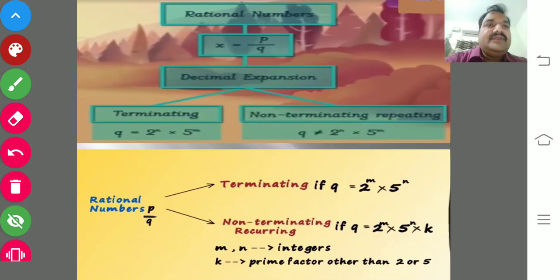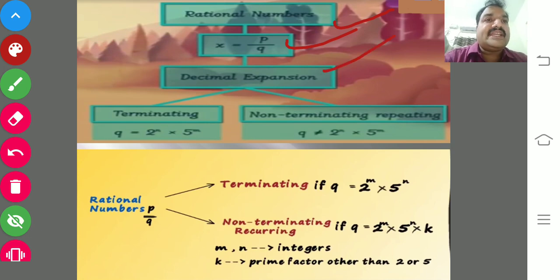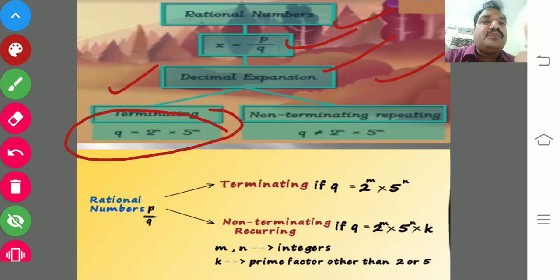Yes, once again, the rational numbers are those which can be written in p by q form. So when you represent a rational number in decimal expansion, you will get two kinds of decimal expansions. The first one is terminating, the second one is non-terminating repeating. How will you go with that? If the denominator is in the form of 2 power n into 5 power m, it's terminating.